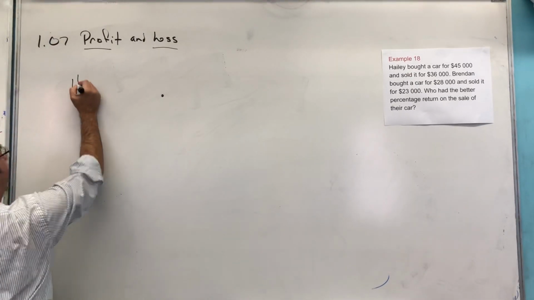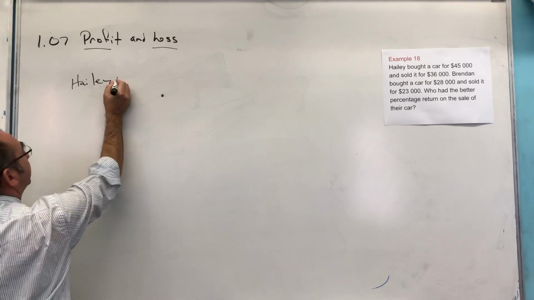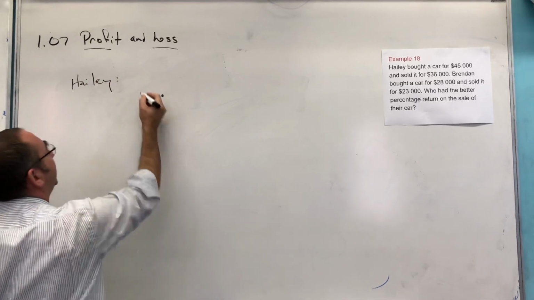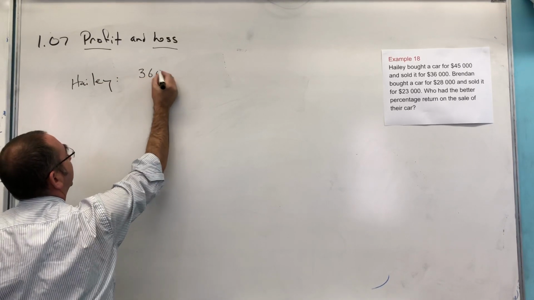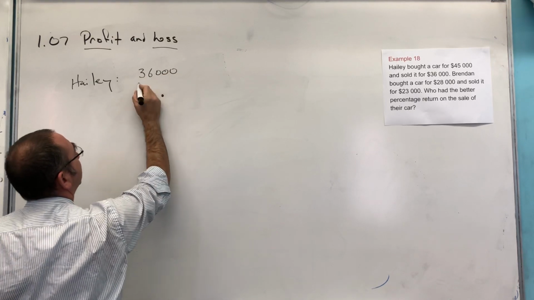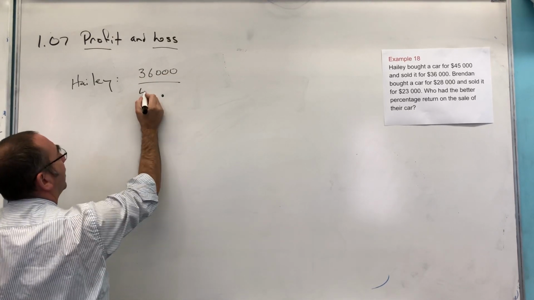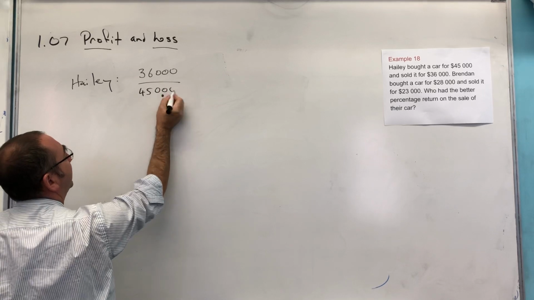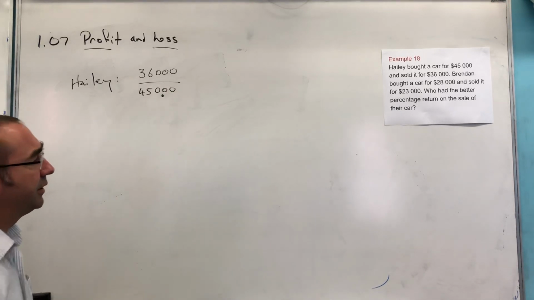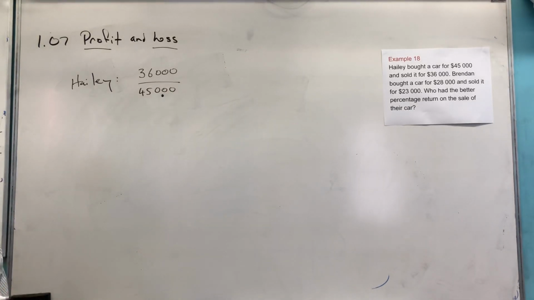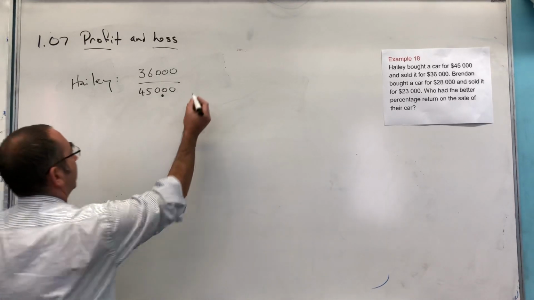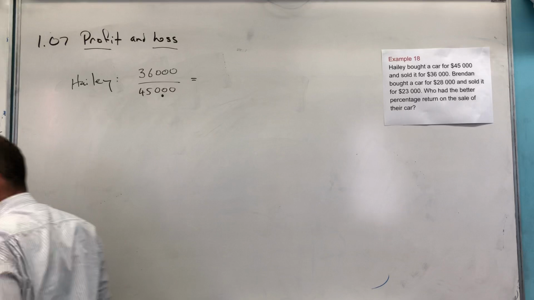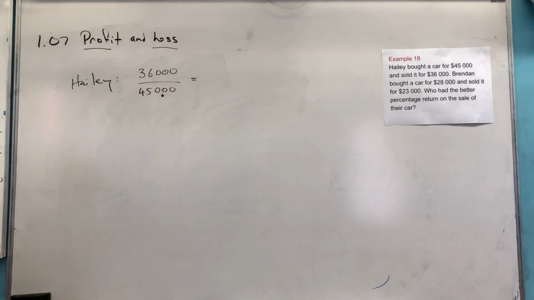So, for Hayley, she sold it for $36,000, whereas she bought it for $45,000. So the selling price as a percentage of the purchase price comes out at, I'm pretty sure that is 80%.